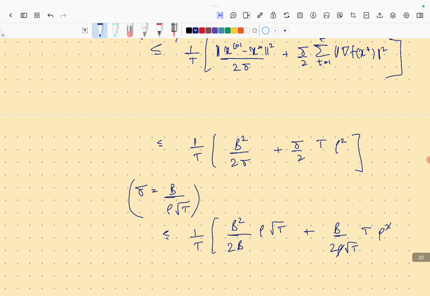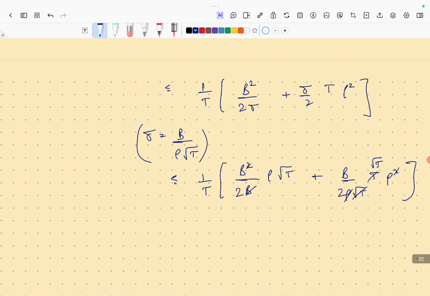This rho and this rho cancel, this b and this b cancel. I also have square root of t. So I have b times rho times square root of t divided by 2. This eventually just becomes b times rho times square root of t.